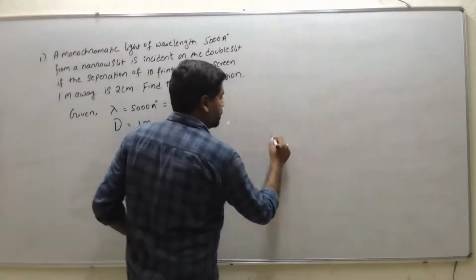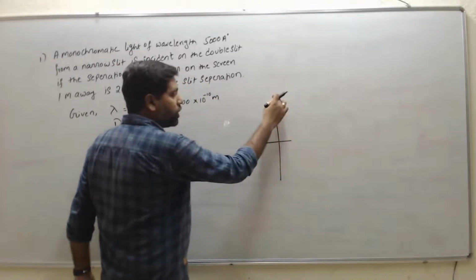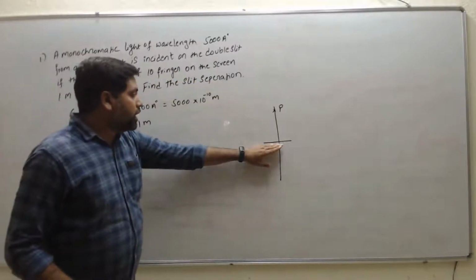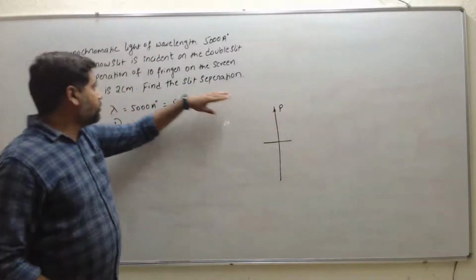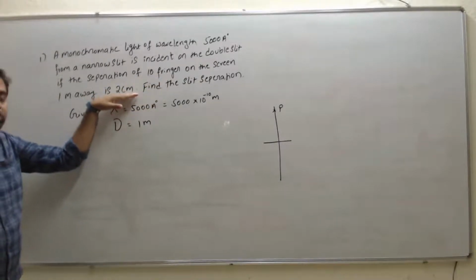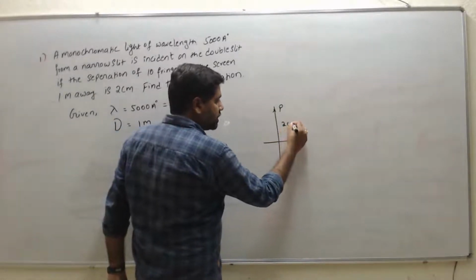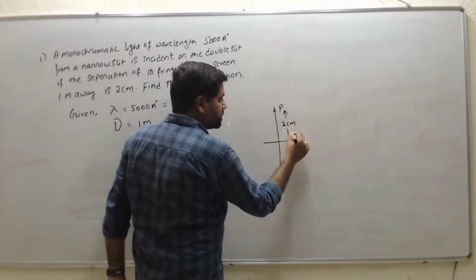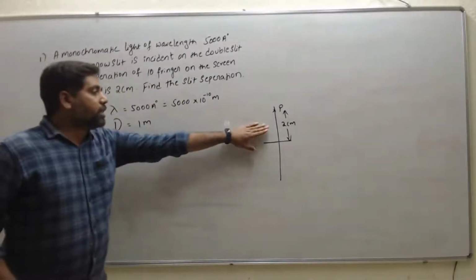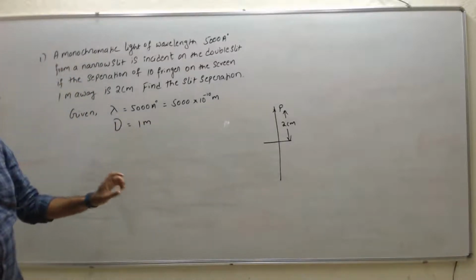If we consider this one is the screen, in the last derivation we considered one point. If we observe here, from here to that point how many fringes do we have? That is 10 fringes, and its length is 2 centimeter. So here we have 10 bands and its distance is 2 centimeter, that is, x distance is 2 centimeter. From that we have to calculate beta, that is the single fringe width.